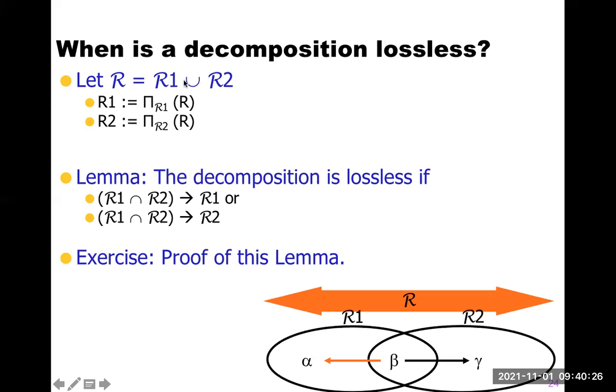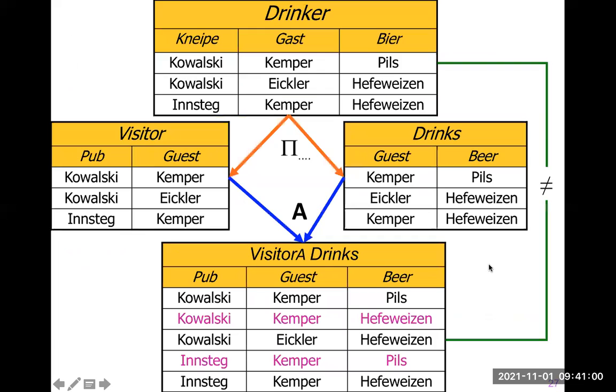So if I decompose a table into R1 and R2, and R1 and R2 share some common attributes, B in this case, then B needs to be a key for R1 and a key for R2. So all the other columns, alpha, need to depend on B, and gamma needs to depend on B.